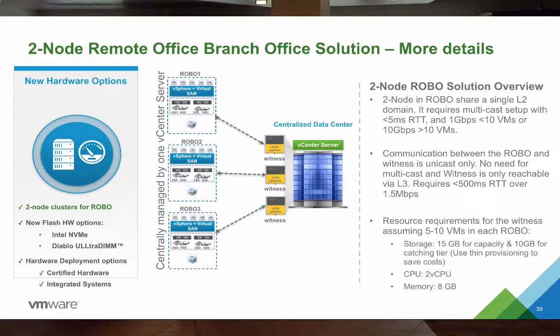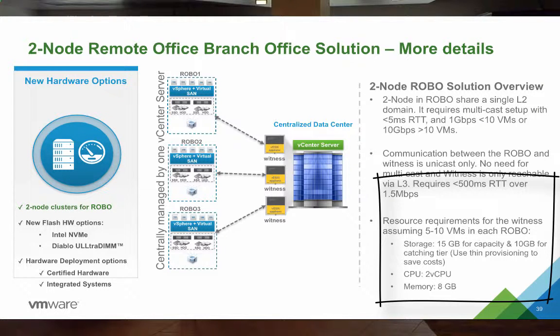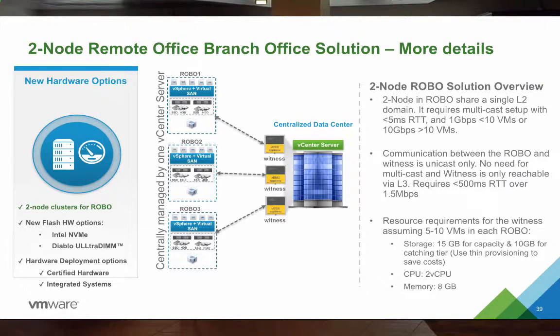And here you see some requirements for the round trip time over the network. The resource requirements, if we were to assume somewhere around 5 to 10 virtual machines inside of each remote or branch office, you're going to need about 15 gigs of capacity and about 10 gigs for the caching tier.